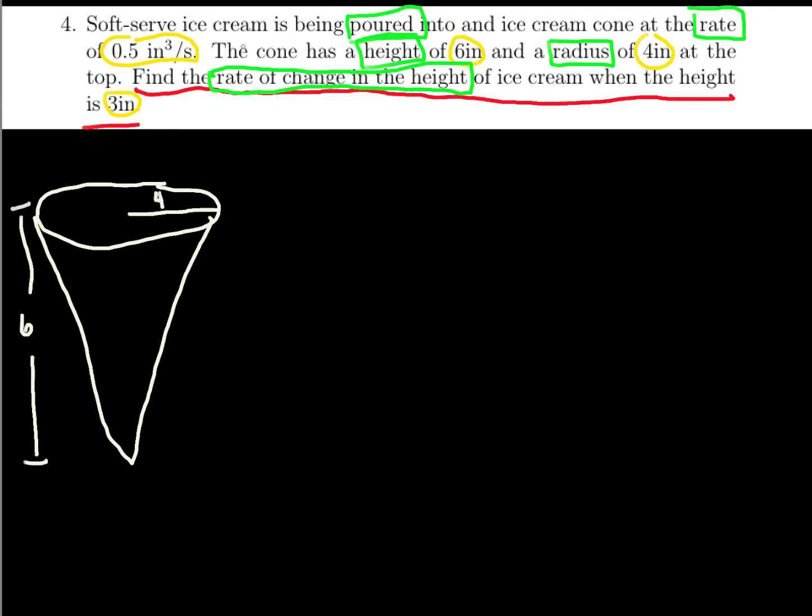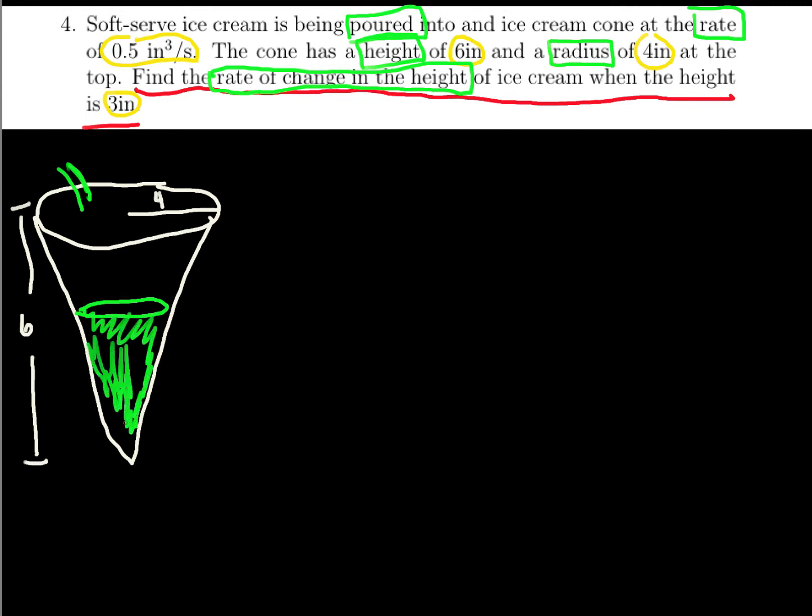And ice cream is being poured in. So we've got ice cream coming into the cone, filling it up. And so at any given time, the ice cream will have filled up some of the cone. So say it's filled it up.